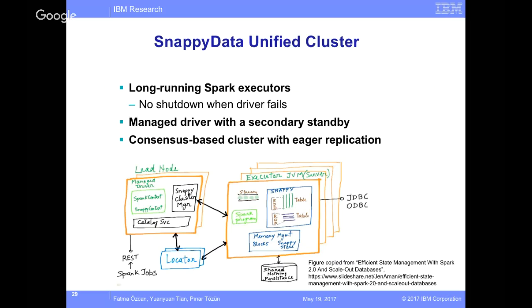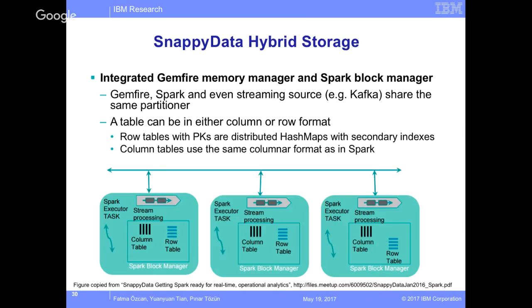And in order to have fault tolerance for the driver, they even have a secondary standby for the driver node. And then they're using a consensus-based cluster with eager replication to ensure the fault tolerance of the system. And this is for the storage.